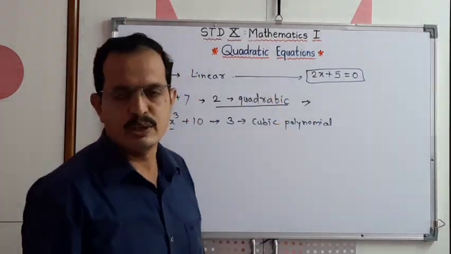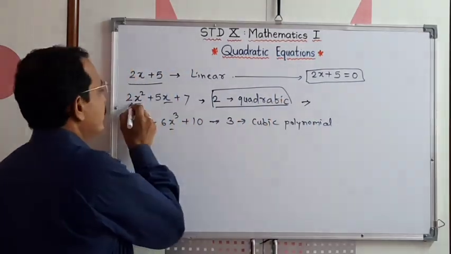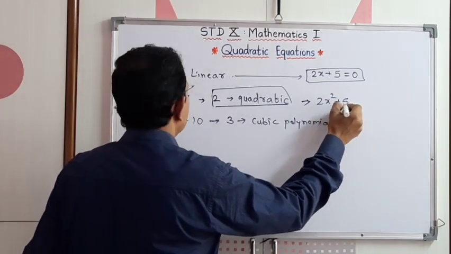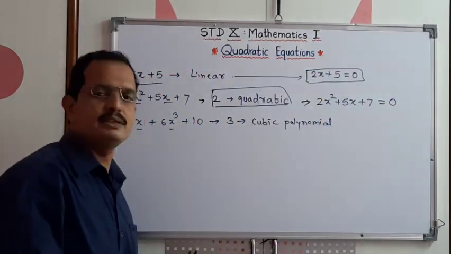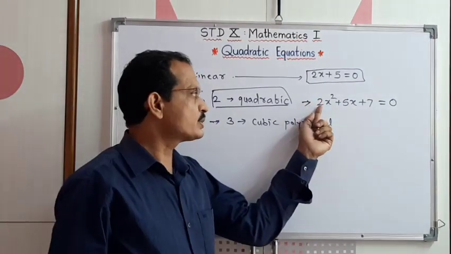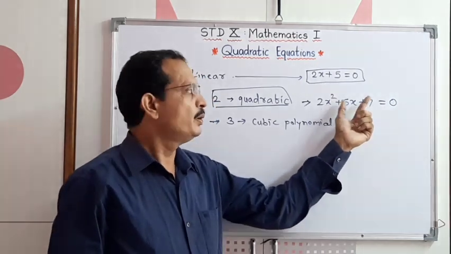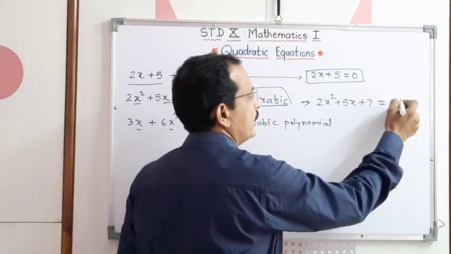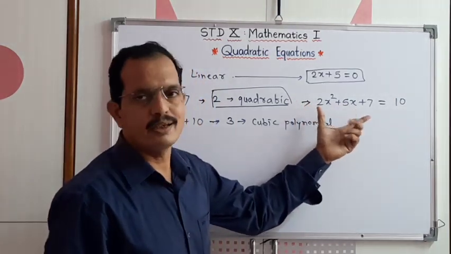Now in this case, 2x square plus 5x plus 7, if I write it equal to 0, then this is called a quadratic equation. Even if we write it equal to 10, there are two sides, therefore it is a quadratic equation.